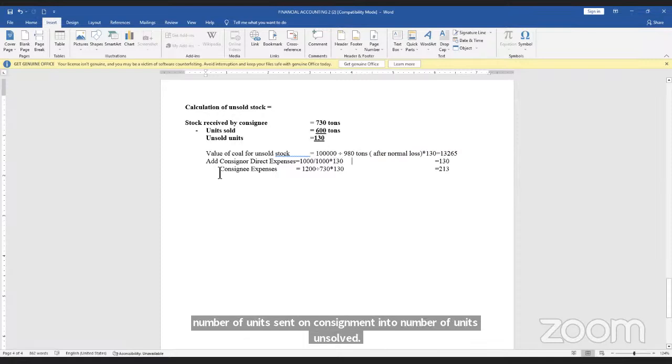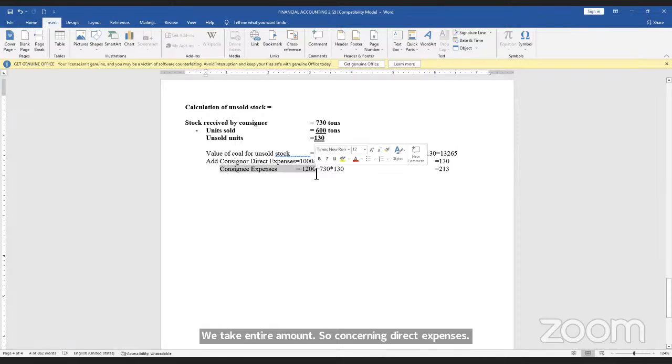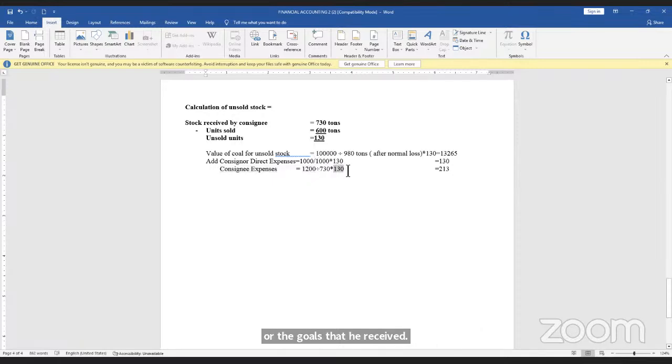Similarly, for consignee expenses, we take the entire amount. We don't divide direct or indirect. The consignee's total expenses were spent on the goods that he received. But we need the consignee's expenses only on the unsold stock.